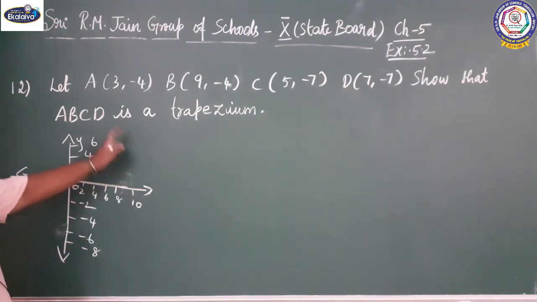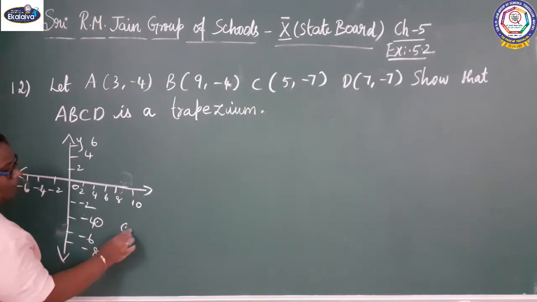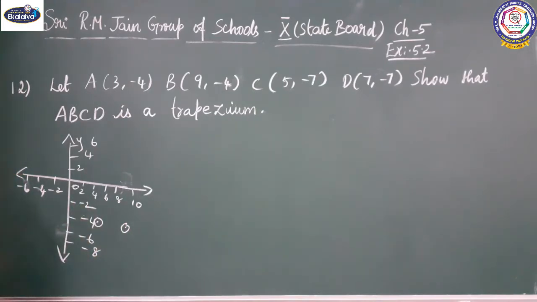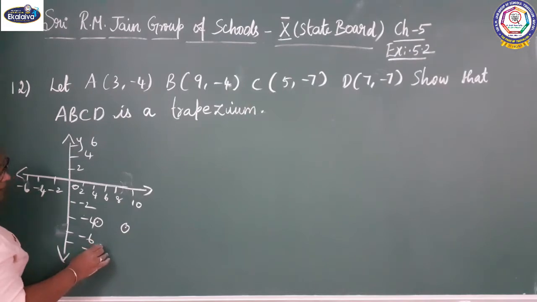What is the first one? 3 comma minus 4. The point is like this. Next 9 comma minus 4. Next 5 comma minus 7.